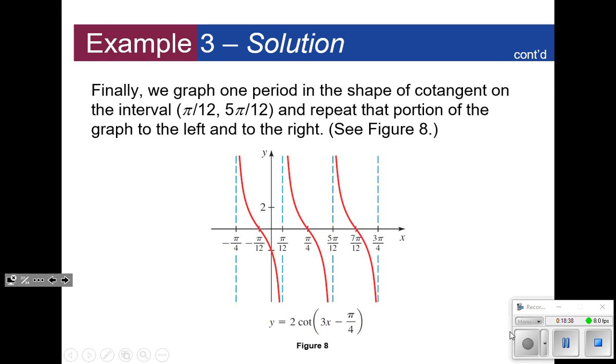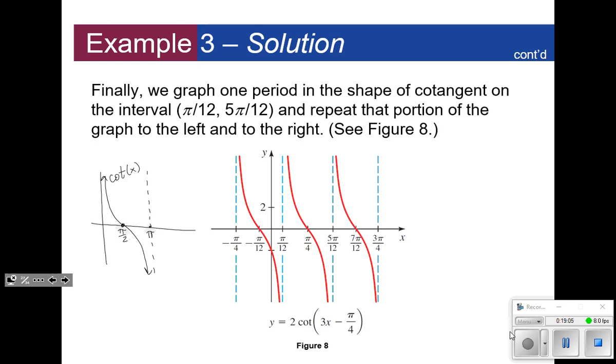Like your regular cotangent function, let me draw the regular cotangent function over here. This is pi over 2, this is pi. That's what the regular cotangent function looks like.